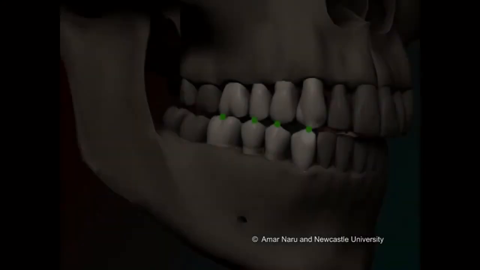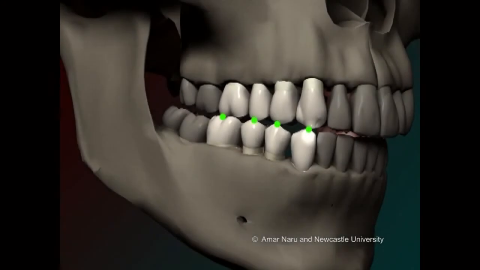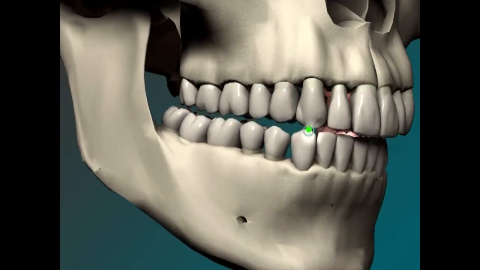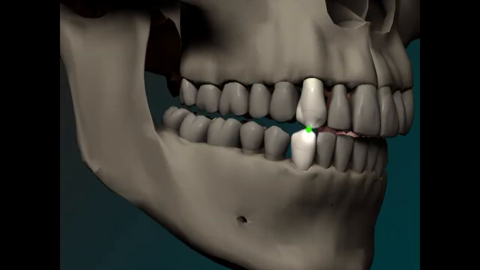Group function. In lateral excursions, there are two main patterns of guiding tooth contact: canine guidance and group function. In canine guidance, as we've already seen, there is tooth contact solely between the canines on the working side.